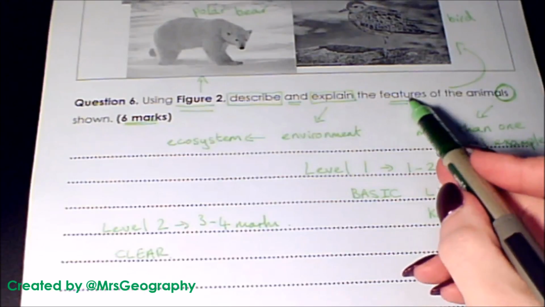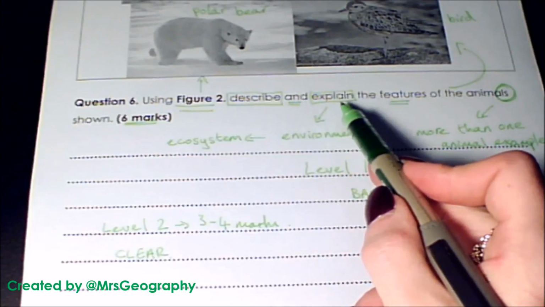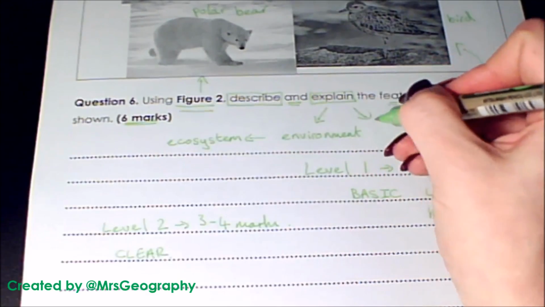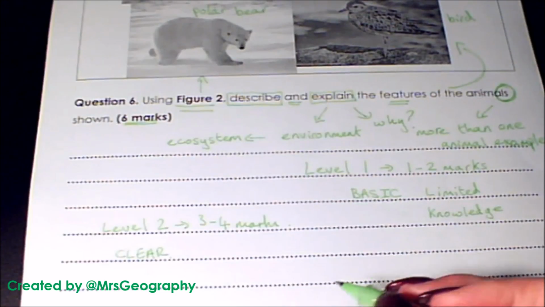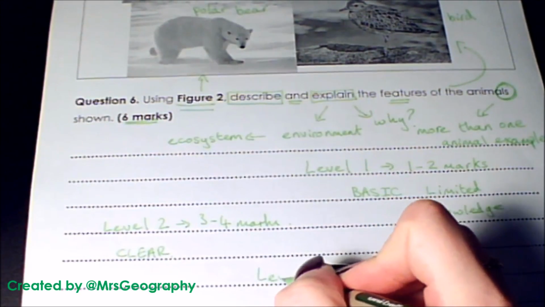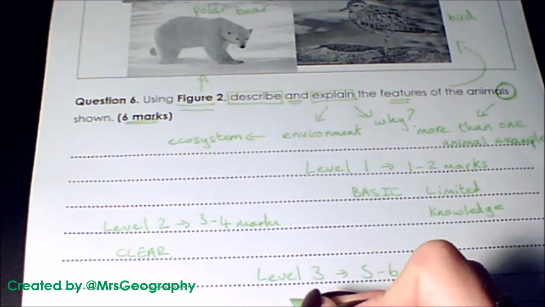So very clearly it wants you to link these features, so describe them, but to explain why they have them. Remember, explain again means why. Give reason. In order to get a level 3 on this answer, which would be 5 to 6 marks, your answer must be detailed.